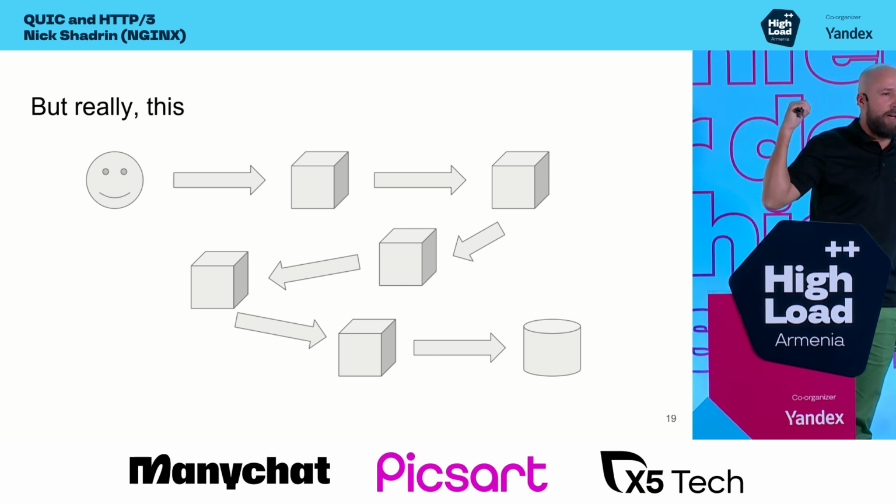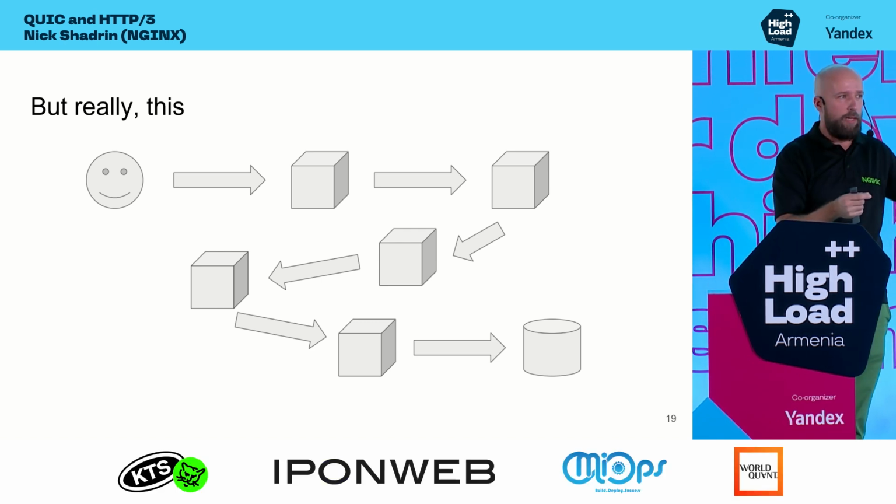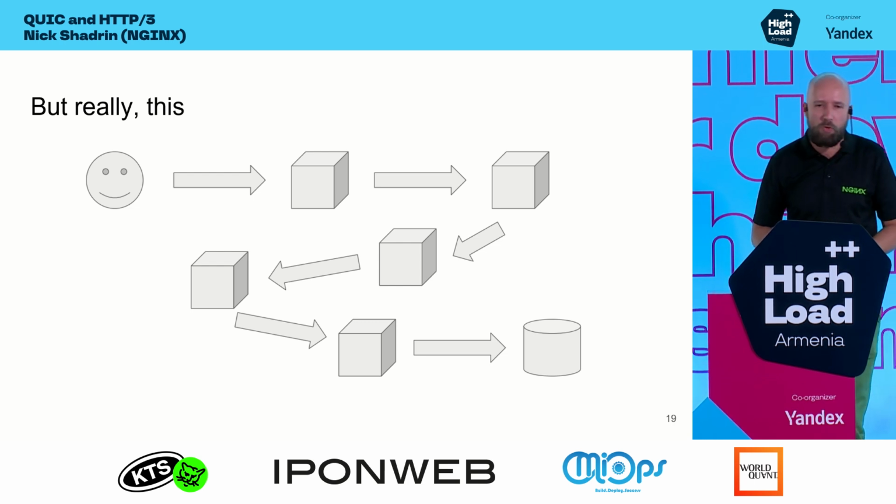Cloudflare might own another couple of boxes. Something there might be your application firewall. Maybe there is a load balancer. Maybe there are some other things in between, even down to the switches and routers of the providers. You don't have the client connecting to your server. You have the client connecting to a load of boxes, and only then one of those boxes will be connecting to your server.